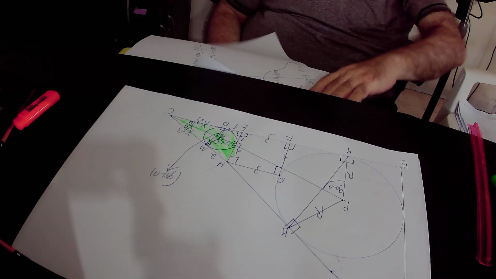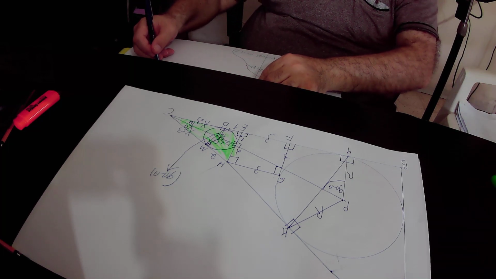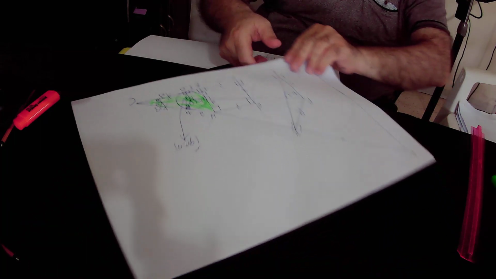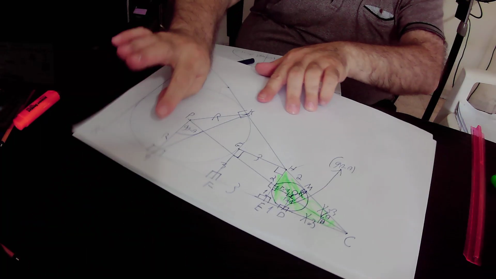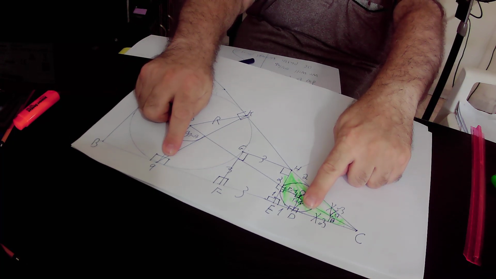In addition, we have those two angles, they are both equal to 90 degrees, therefore they are equal to each other.